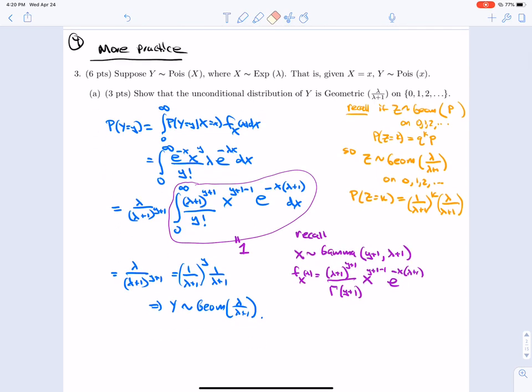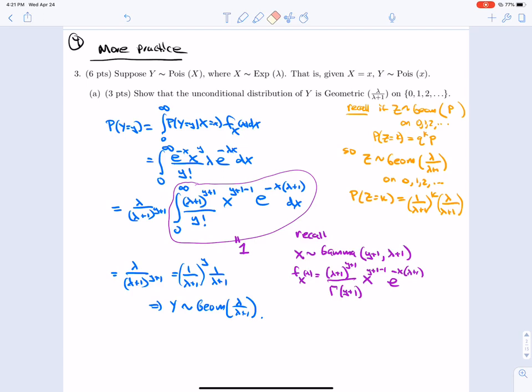So we have Y discrete, X continuous, so we have the average conditional formula shown here. We plug in for the conditional probability and the density, and then this is the tricky step here.